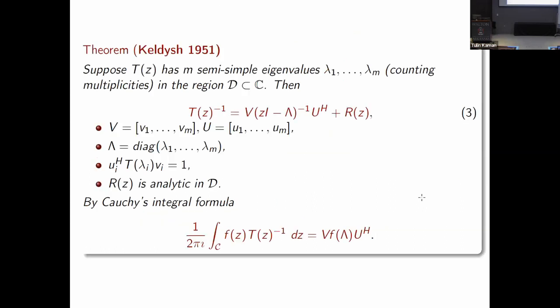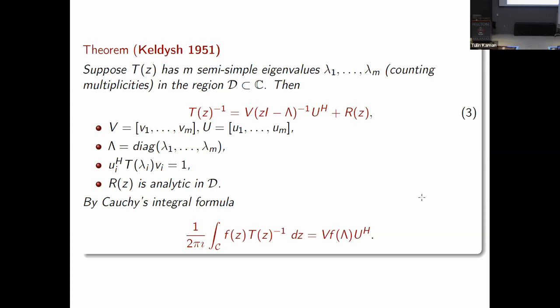And this also connects to one of the big machineries, and one of the theorems that makes the next steps possible is the result of Keldysh in 1951, which tells us that if you take the inverse of this matrix valued function, and you have the set of eigenvectors, left and right eigenvectors, the corresponding eigenvalues, and so on, you can write this inverse of the matrix valued function using this decomposition.